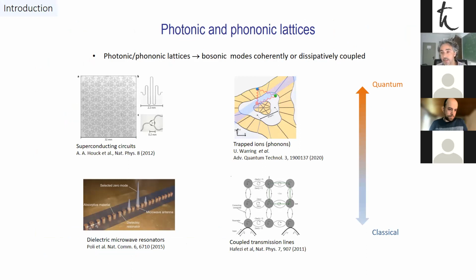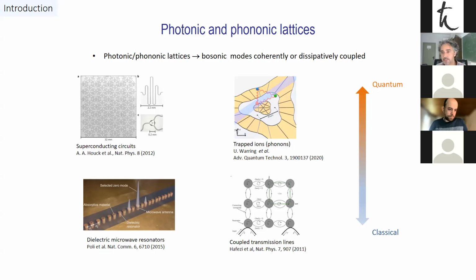And normally, the same phenomenology that we find in photonic systems, we can also find in optomechanical systems and bosonic lattices as well. Like, for example, in trapped ions, a field I'm very familiar with, you always find the same kind of bosonic lattice models that show very similar phenomenology as in photonic lattices.